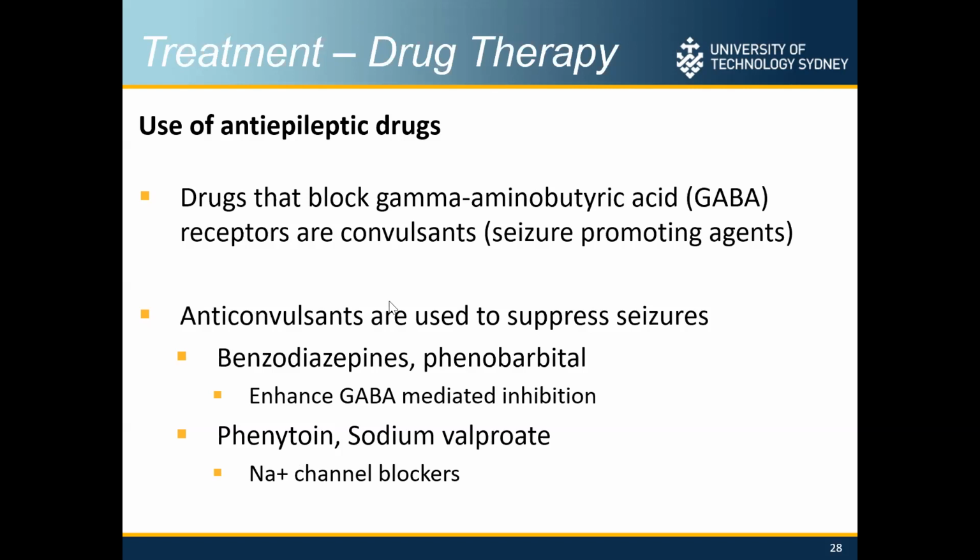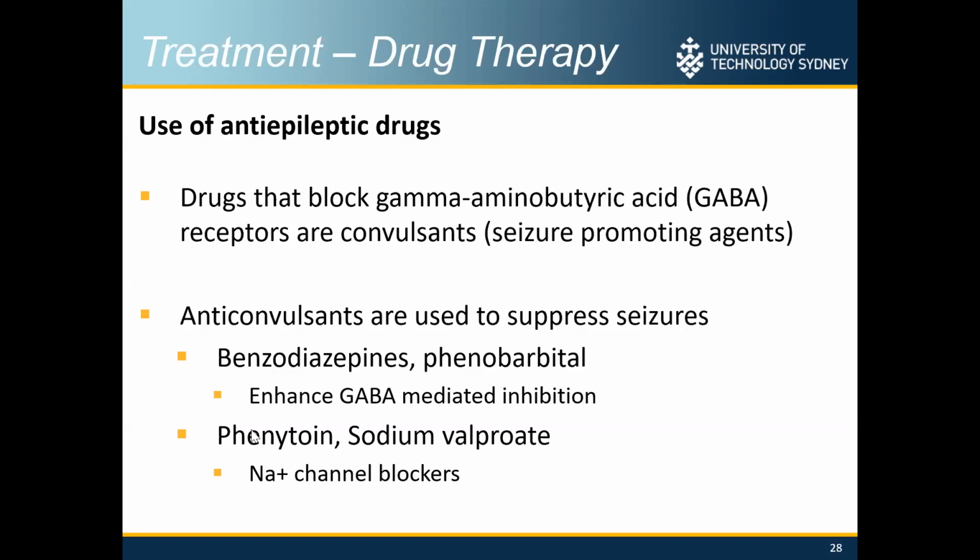These medications have their own mechanisms. In this case, when we're talking about benzodiazepines and phenobarbital, it is associated with the enhancement of GABA-mediated inhibition. So again, it is ensuring that the inhibitory neurons do their job in trying to maintain homeostasis in the brain.